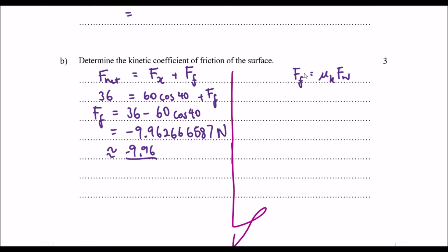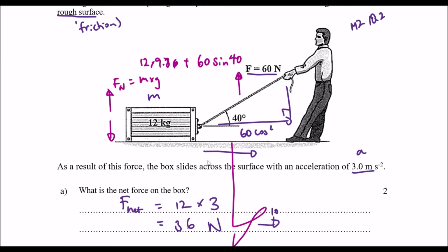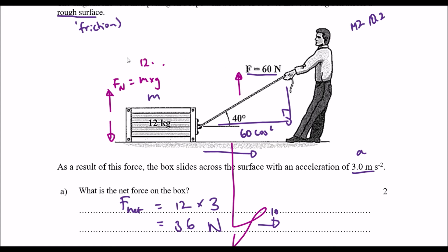Okay, so we have the friction force, we have the kinetic coefficient, that's what we want to find, and now we need to find what the normal force is. If we have a look, the normal force is comprised of a couple of components. Now under normal circumstances, the normal force is equal to the gravitational force.